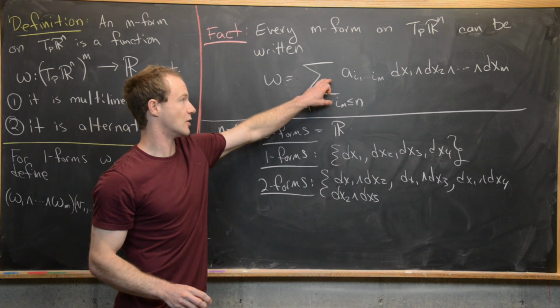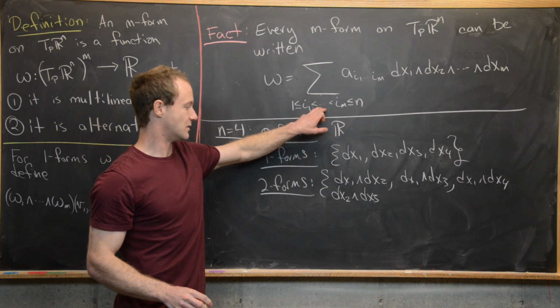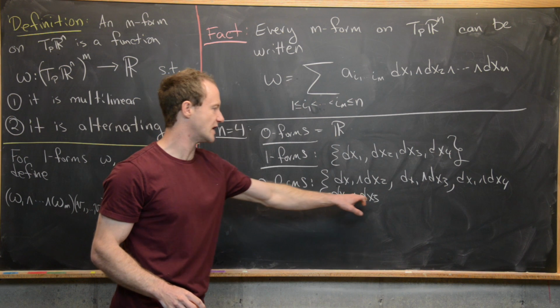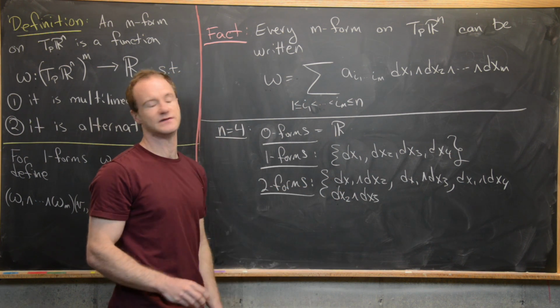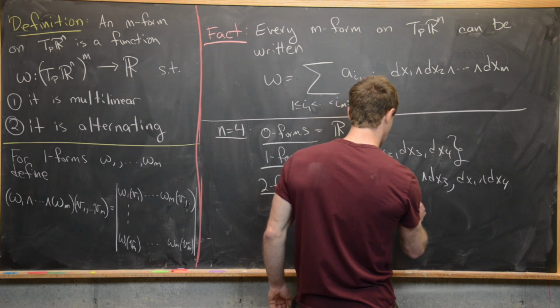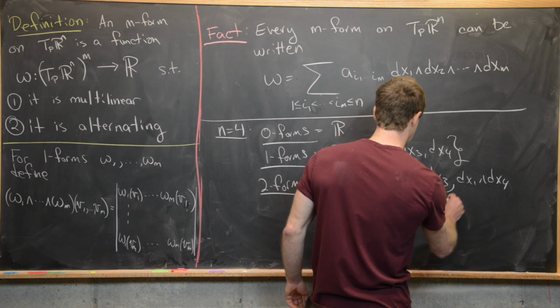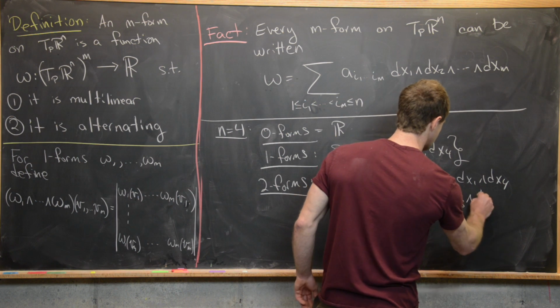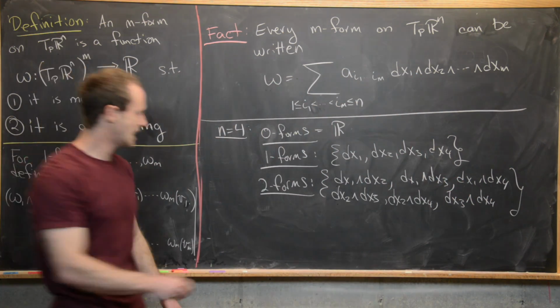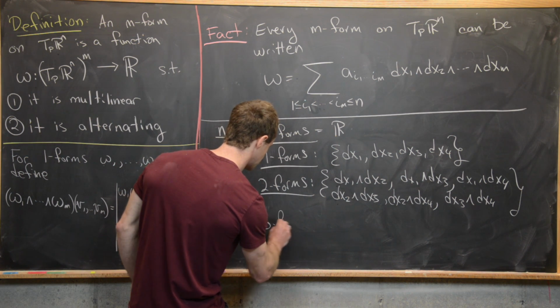For one thing, it doesn't obey this rule up here with the multi-index. For another thing, dx2 wedge dx1 is the same thing as negative dx1 wedge dx2, so we don't need it. Then dx2 wedge dx4, and then finally dx3 wedge dx4. So that is 6-dimensional.